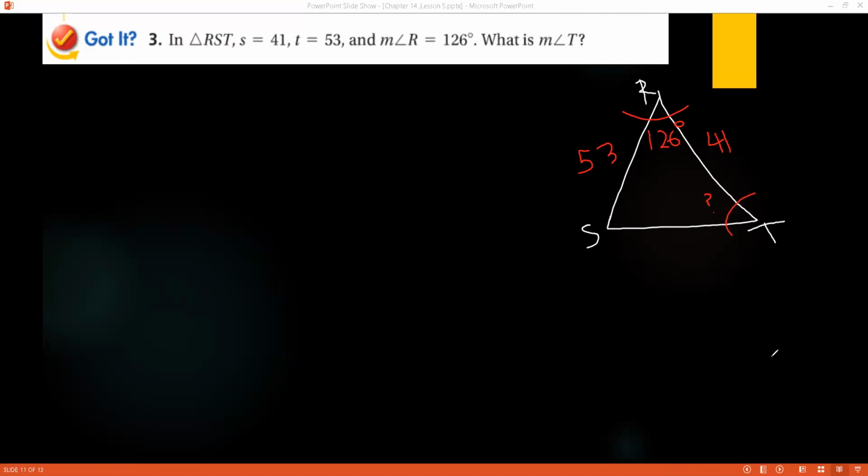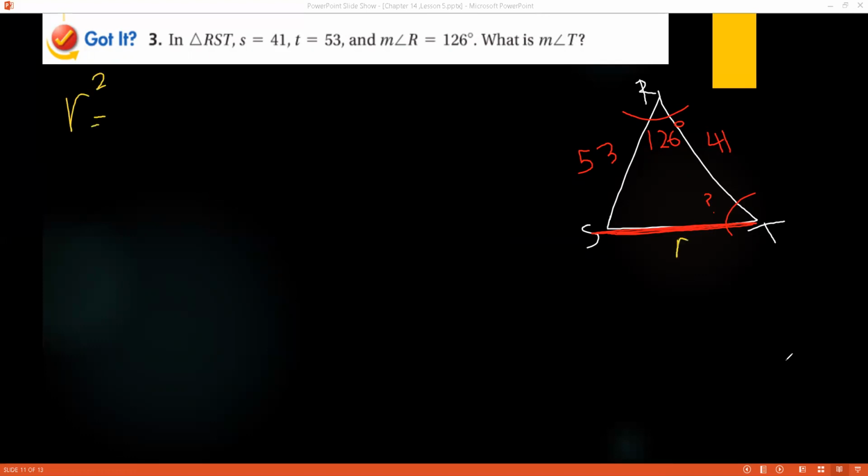Here now, from the given, I have two sides and the included angle, so that means I can use the law of cosine first. If I use the law of cosine, I can find now the length of this side. So let's use now the law of cosine. That's R squared.